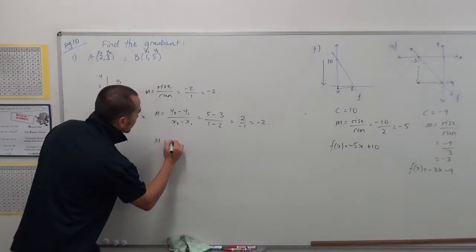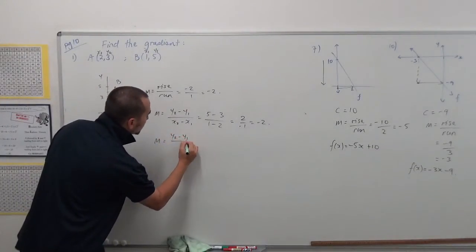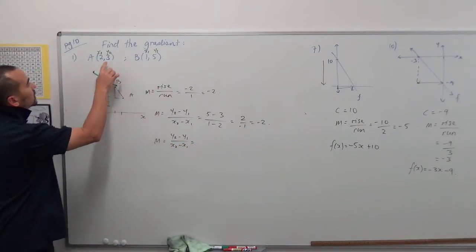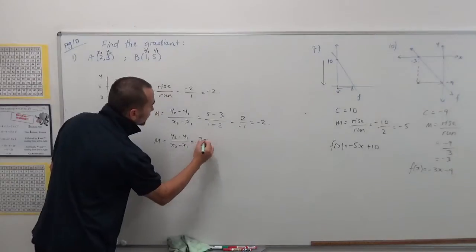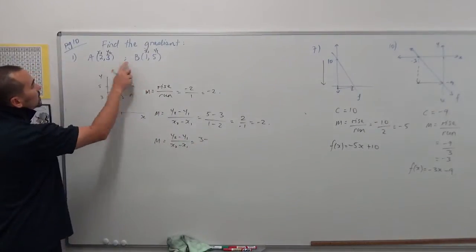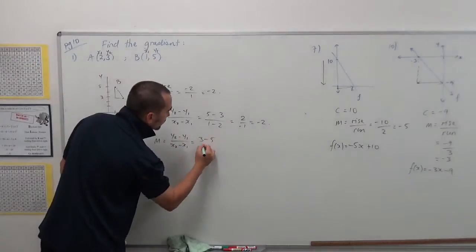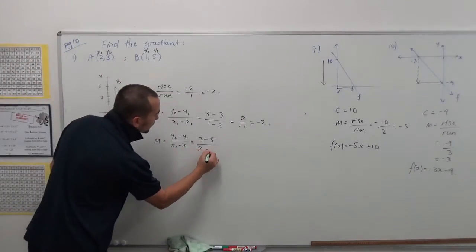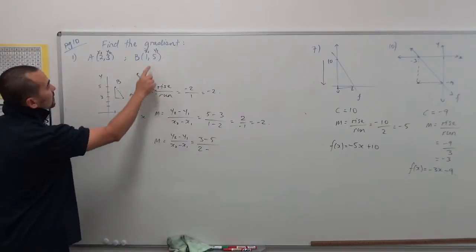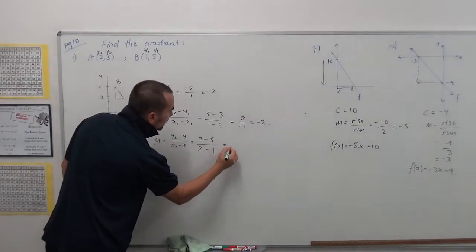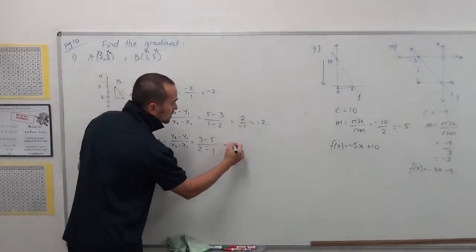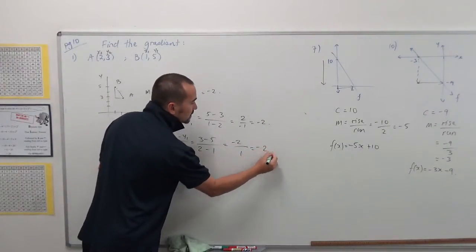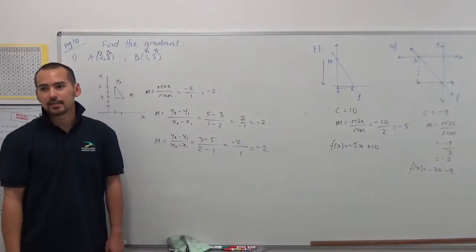The gradient is y2 take away y1 divided by x2 take away x1. y2 is here, it's the 3. Take away y1, which is 5. x2 is 2. And x1 is here, it's 1. 3 take away 5 is -2. 2 take away 1 is 1. Same answer.